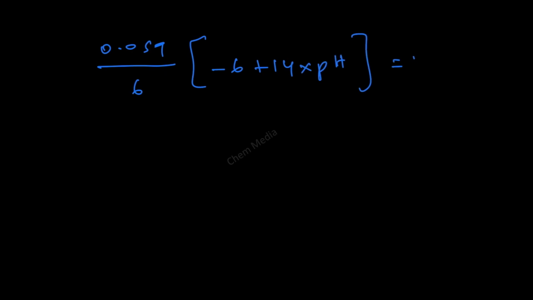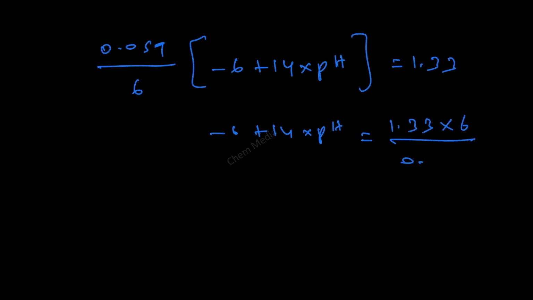1.33. Therefore, 0.059 divided by 6 times minus 6 plus 14 times pH is equal to 1.33. So, minus 6 plus 14 times pH is equal to 1.33 times 6 divided by 0.059. 1.33 times 6 would be 6 times 3, 18, remaining 1; 6 times 3 again 18 plus 1, 19, remaining 1; 6 times 1, 6 plus 1, 7.